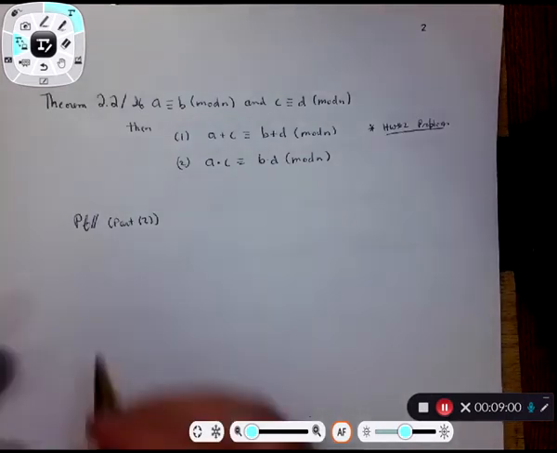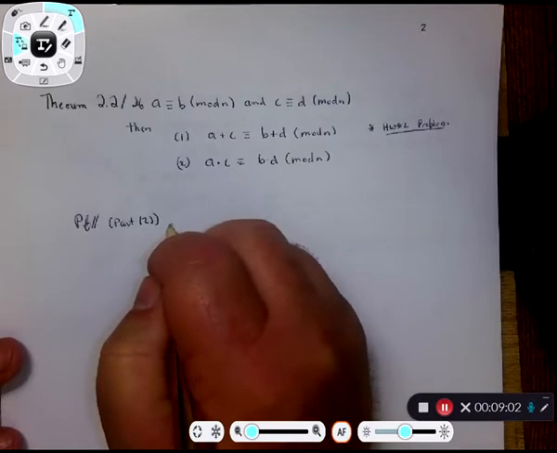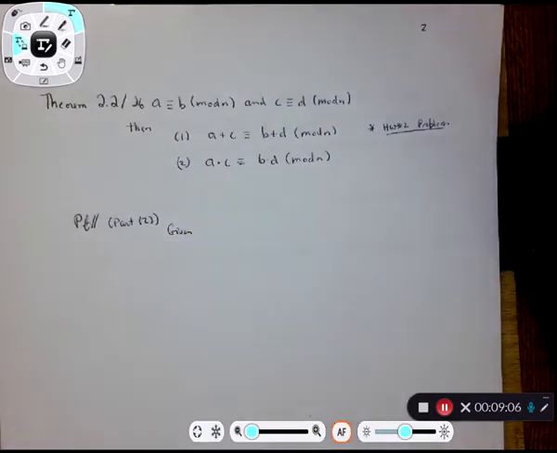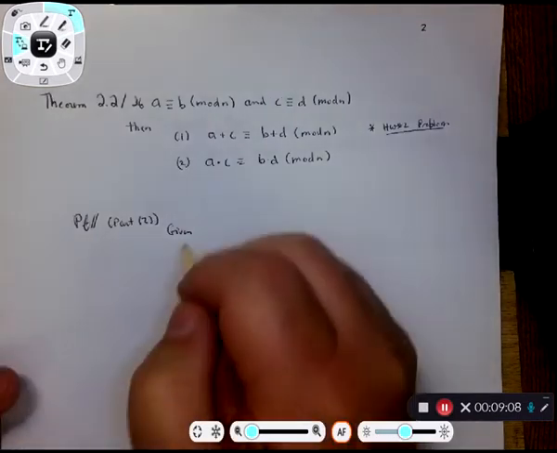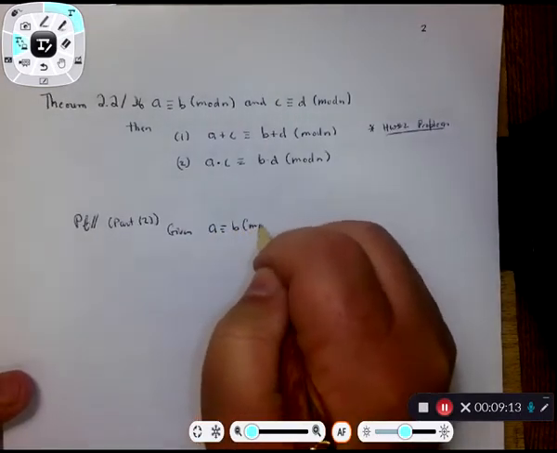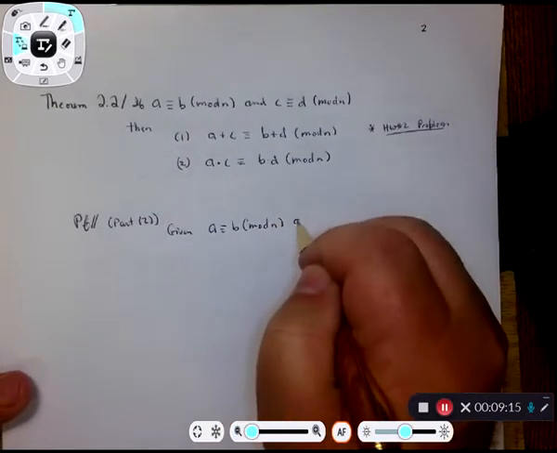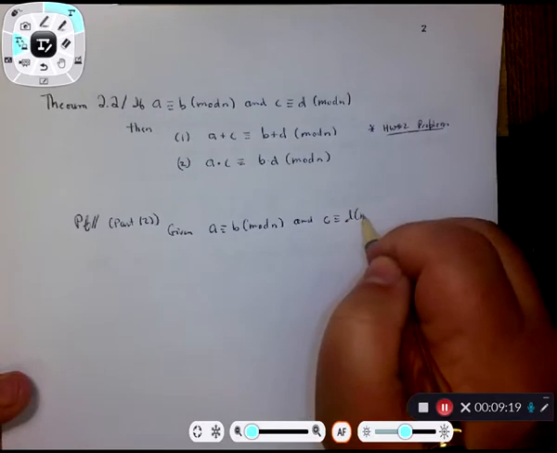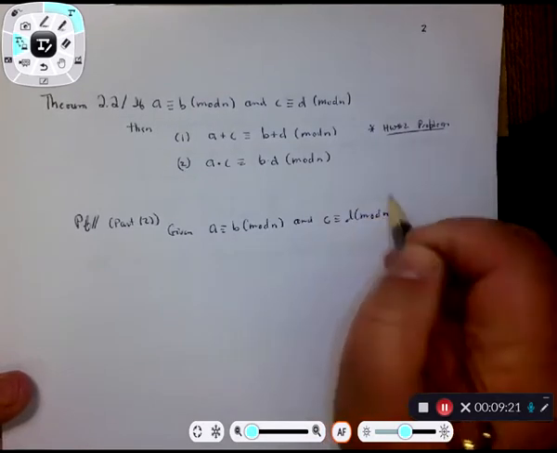Alright, so here goes my proof. Always start with the givens. You can do this on a scrap sheet of paper, but I'm going to actually write it up properly here. You were given that A is congruent to B mod n and C is congruent to D mod n.